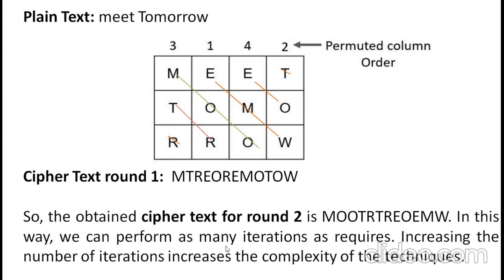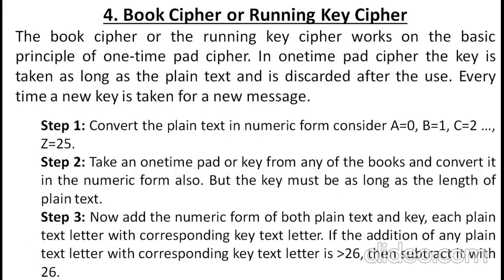This is the second iteration. So when you increase the number of iterations, it also increases the complexity of the technique. But as stated, for multiple rounds it is very beneficial and you can perform n number of iterations to obtain the ciphertext at the end.